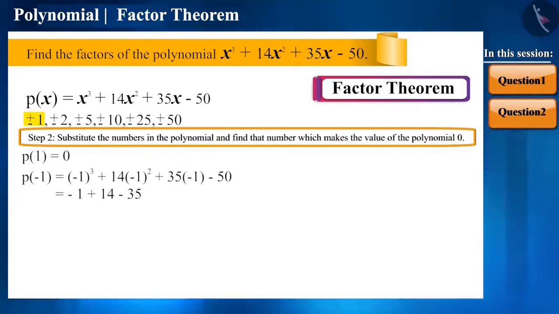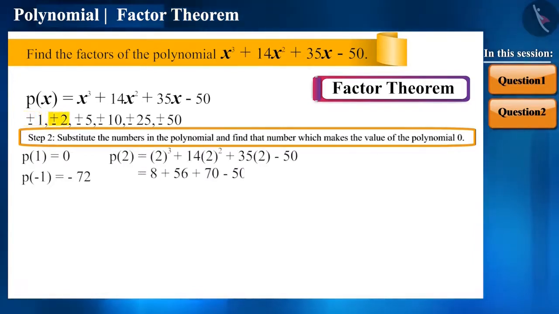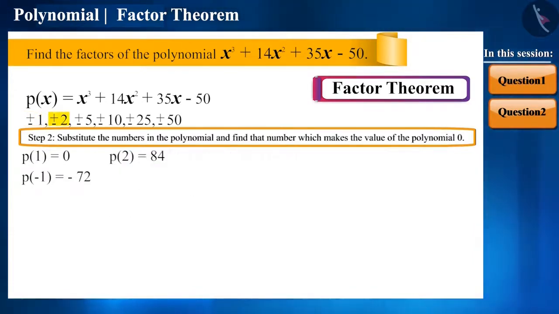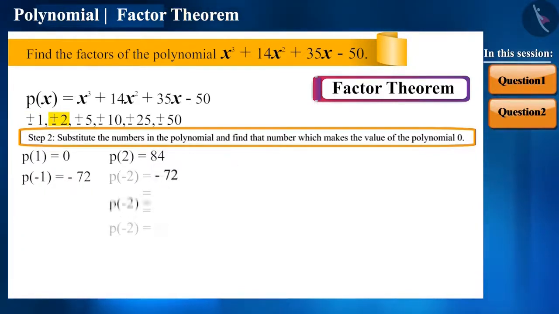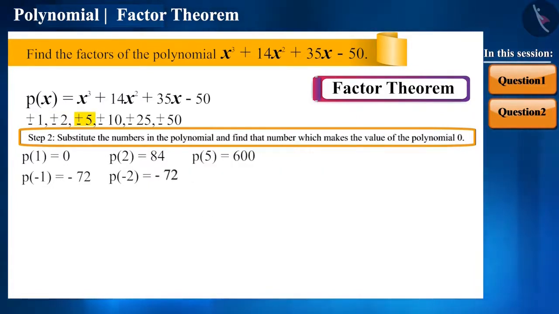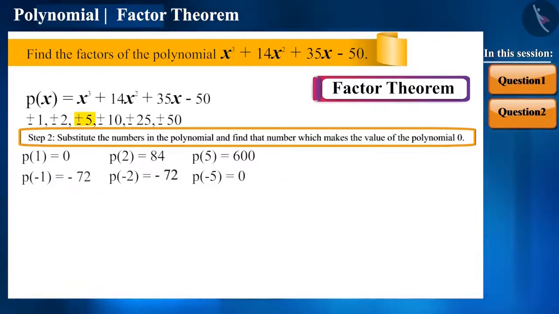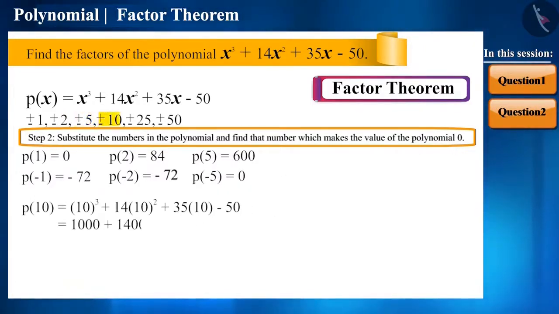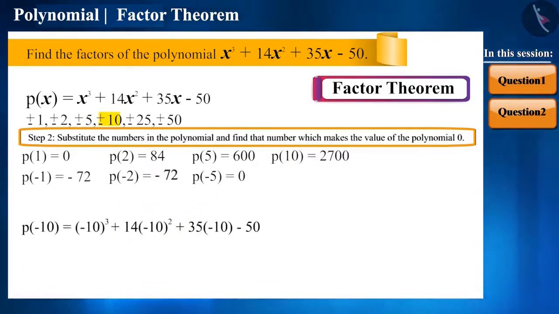So p of 1 becomes 0. P of minus 1 becomes minus 72. P of 2 becomes 84. P of minus 2 equals minus 72. P of 5, 600. P of minus 5, 0. P of 10, 2700.